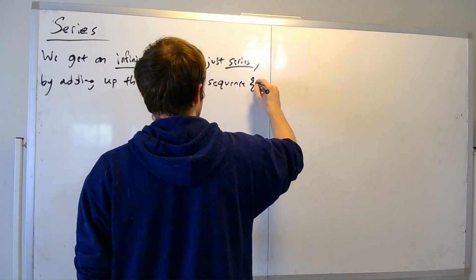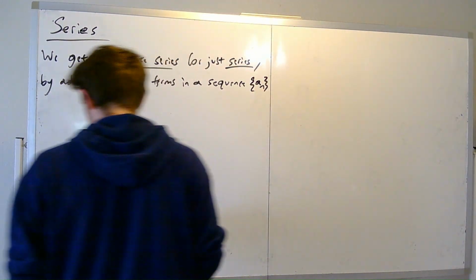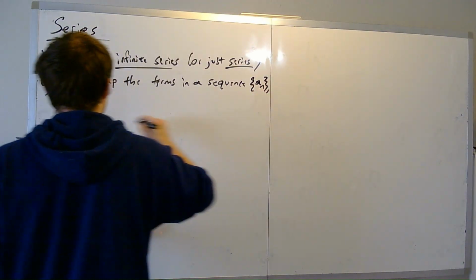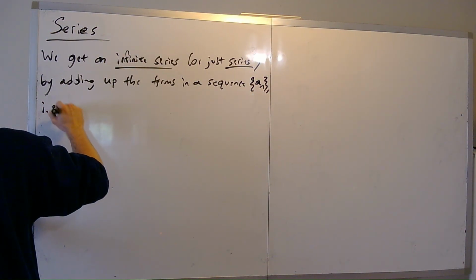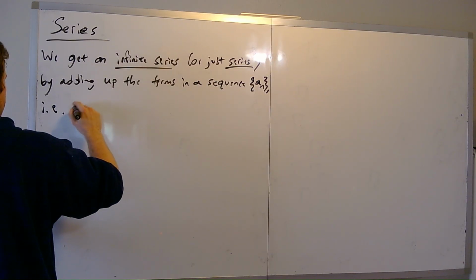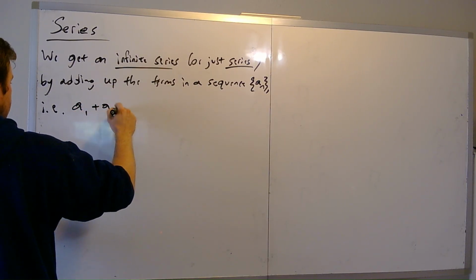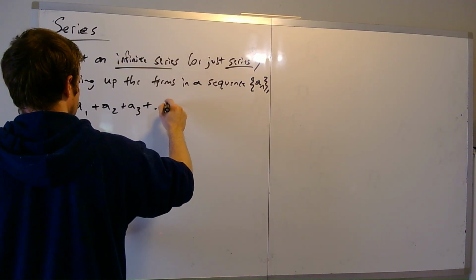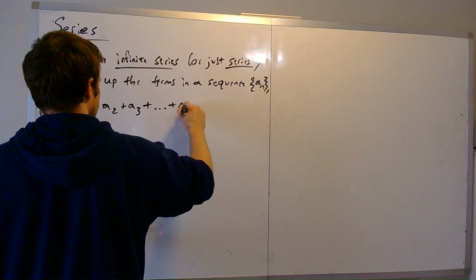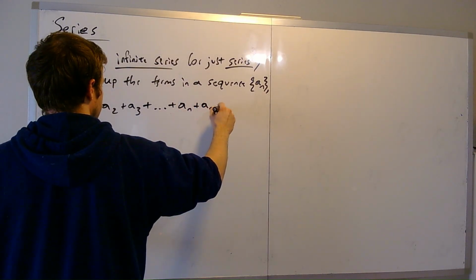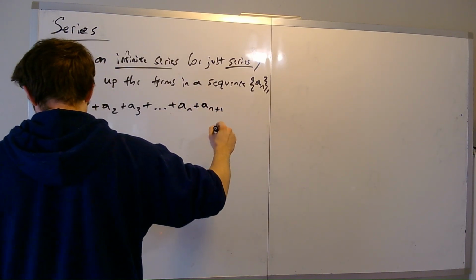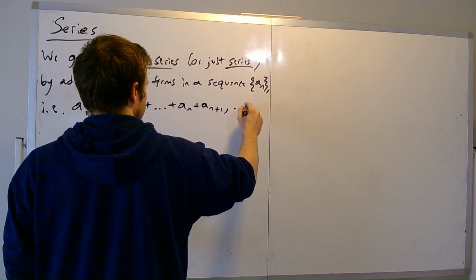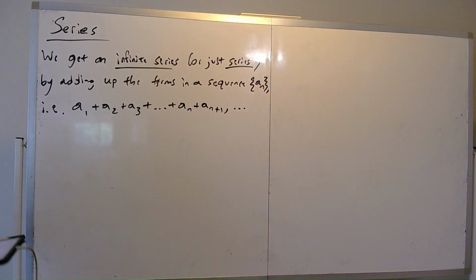So the sequence a_n, i.e., we'll have a1 plus a2 plus a3 plus dot dot dot plus a_n plus a_(n+1), and so on. Right. So we have this sequence and we're just adding together all the things in the sequence. That gives us a series.